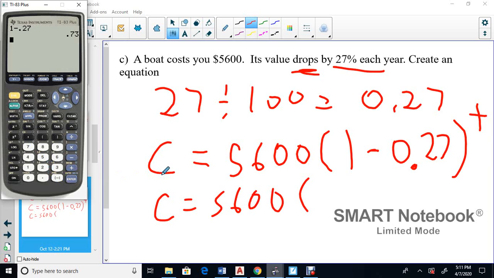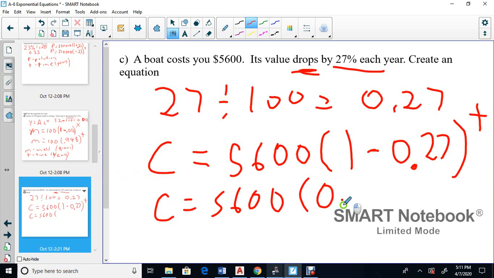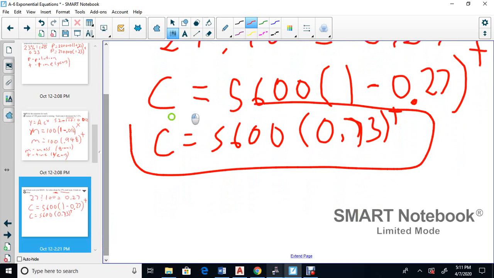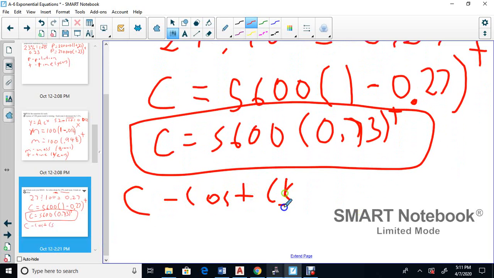So in here you get 0.73 to the t. That's our equation for this one. Let's lower it down. Now, C is the cost in dollars, and t is the time again in years.